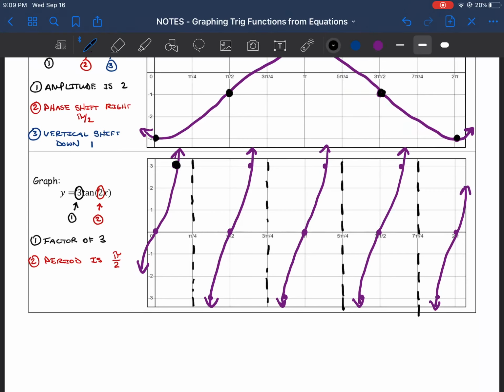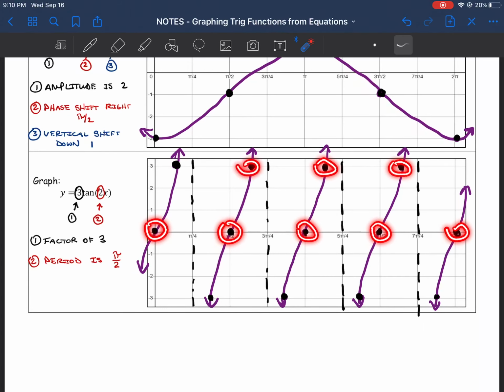And I'm going to highlight some of these points just to make them stand out a little bit more. If I were to grade a short answer kind of question, I would be looking for these points and these points.